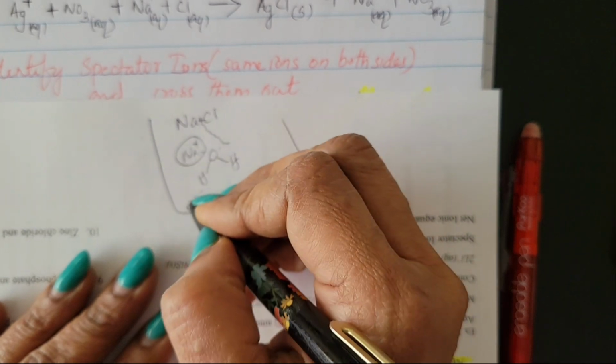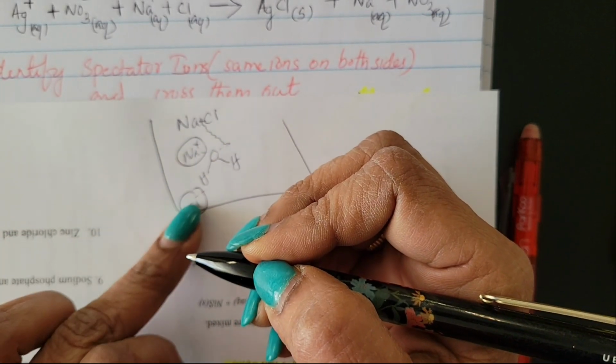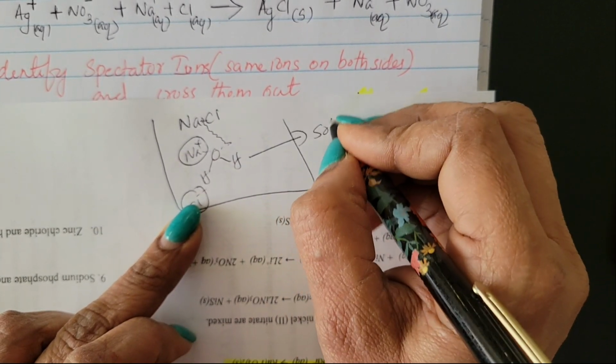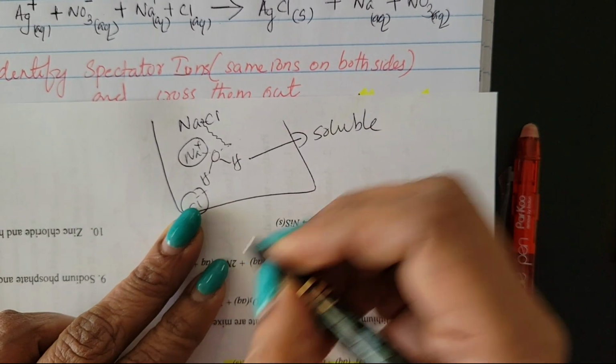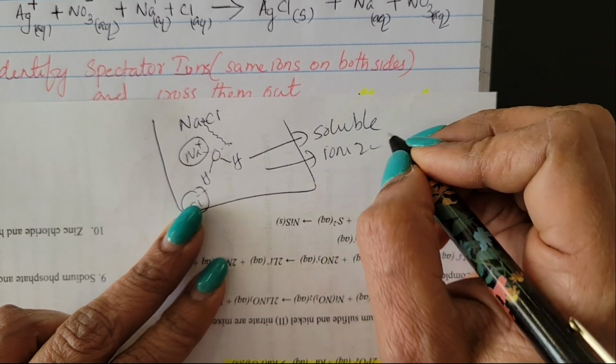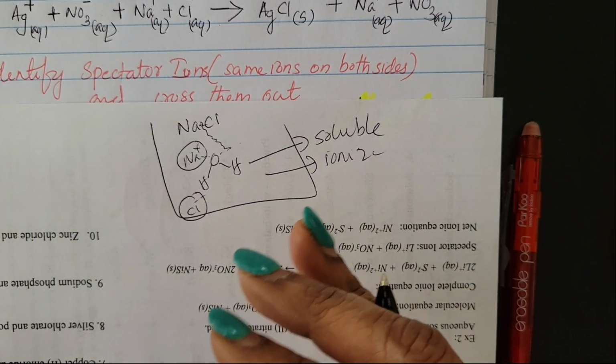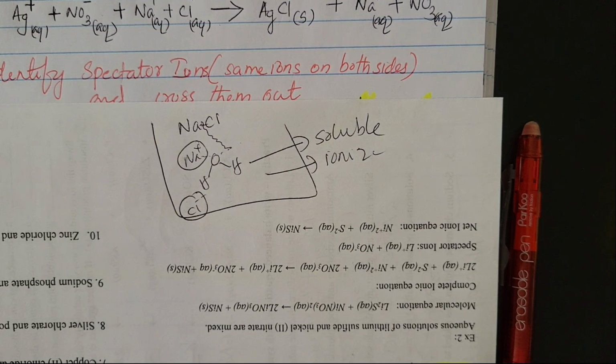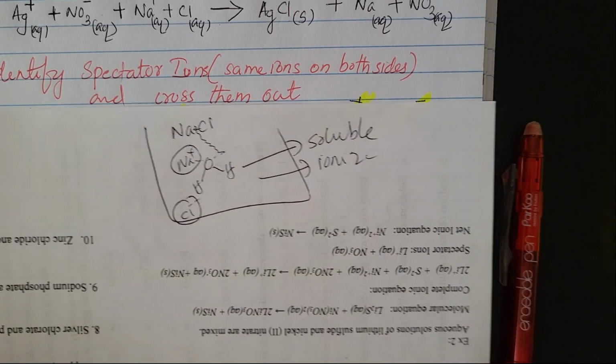So they will split into ions. If the bond is breaking, that is what we say they are soluble. The bond breaking process is called ionization. We are just writing them down. Actually, whenever you dissolve something in solution, they will exist as ions. Any other question?